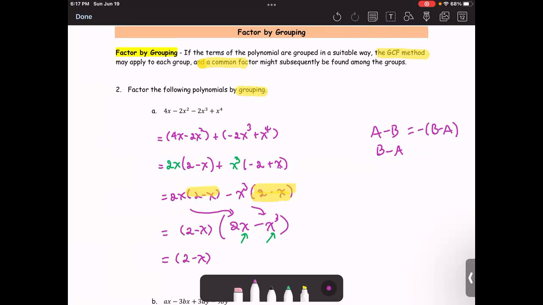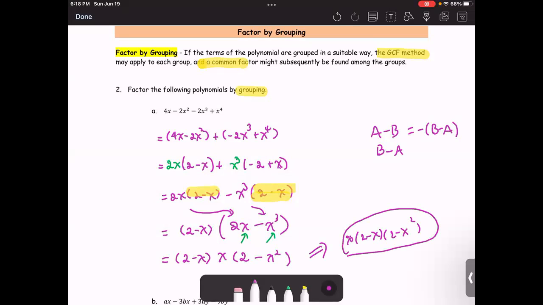For the second quantity, we pull out x as the greatest common factor, and the remaining factor is 2 for the first term minus x squared for the second term. We can rewrite it in a nicer form as x times 2 minus x times 2 minus x squared, as the factorization of 4x minus 2x squared minus 2x to the third plus x to the fourth.